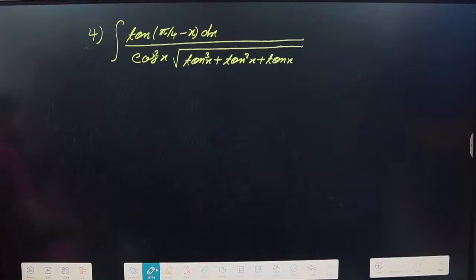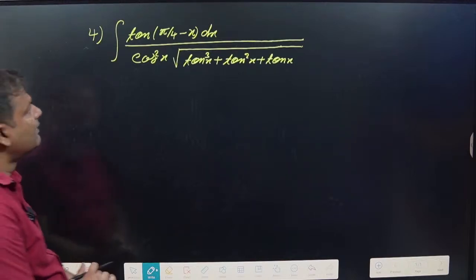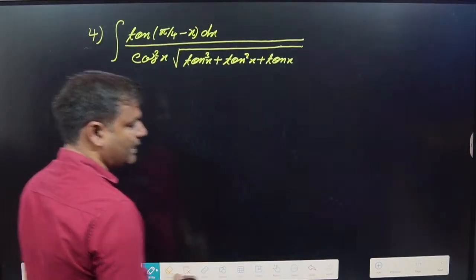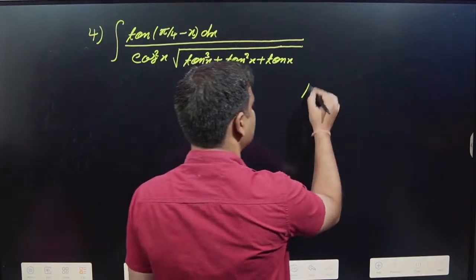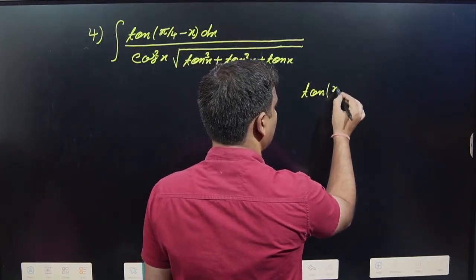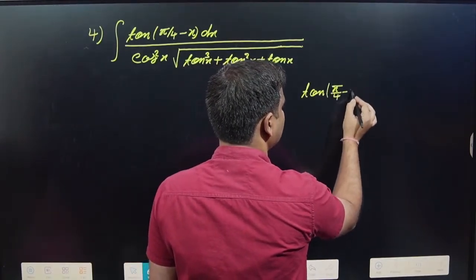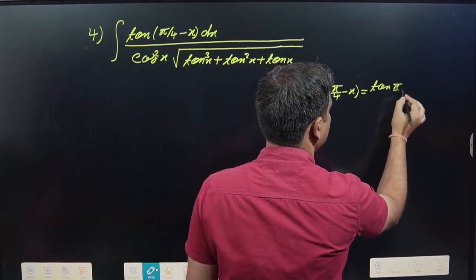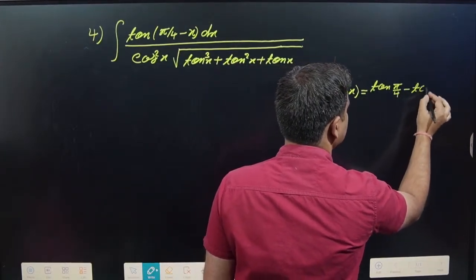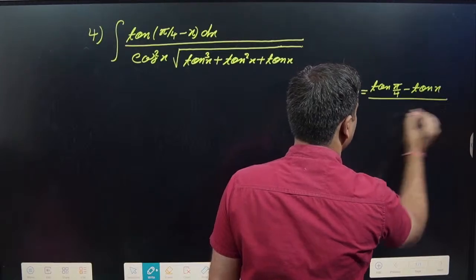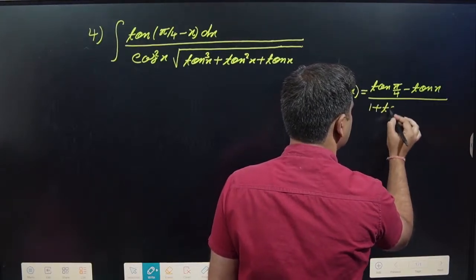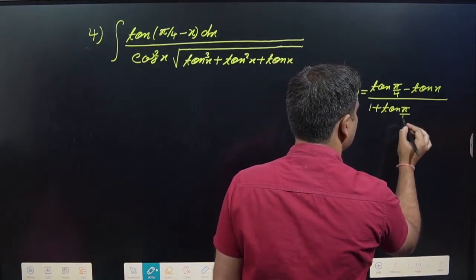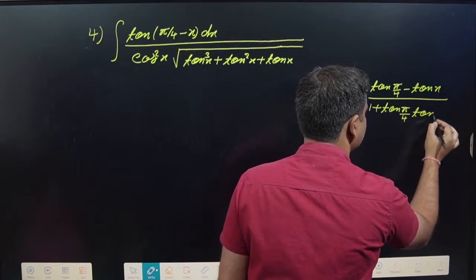Simply, first of all, look here. Tan of pi by 4 minus x is written as tan pi by 4 minus tan x divided by 1 plus tan pi by 4 into tan x.